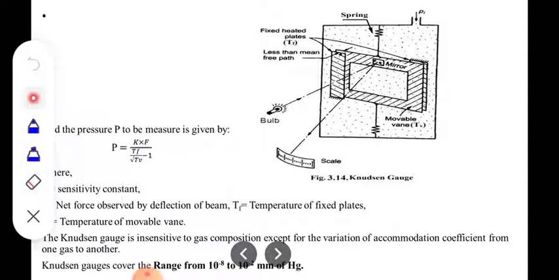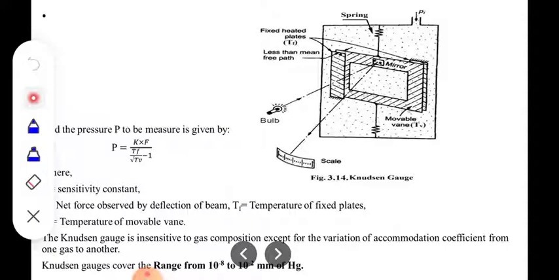The temperature of the fixed plate is higher than that of the movable vane, so whatever gas molecules strike the fixed plate, their kinetic energy will increase. After striking, the gas molecules will travel at faster rates, so they will bombard the movable vane.